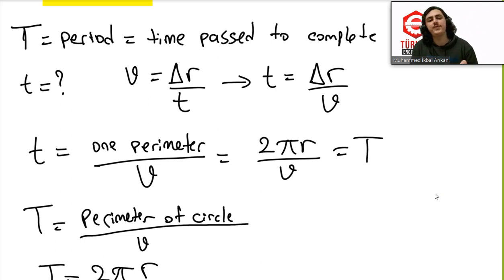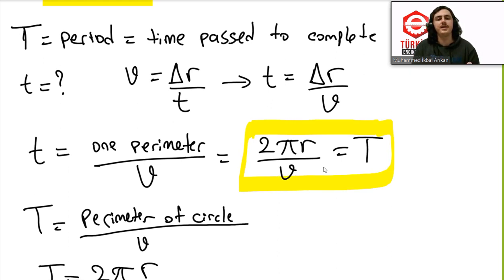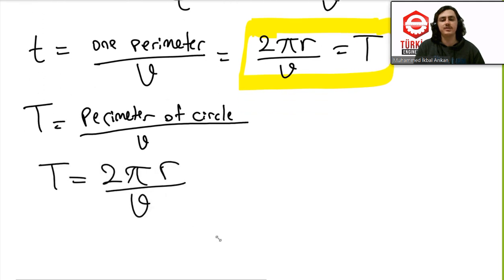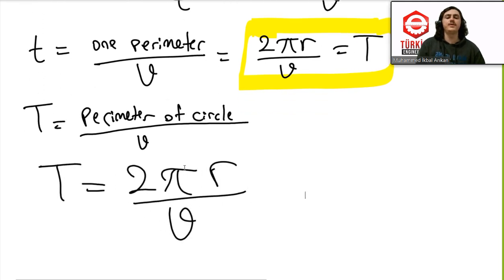So the relation between the velocity and the time period will be just this equation. So if I know time period, I can calculate the velocity, and if I know the velocity, I can calculate the time period. So this will be just the general formula, which is 2 pi r divided by v equals capital T.